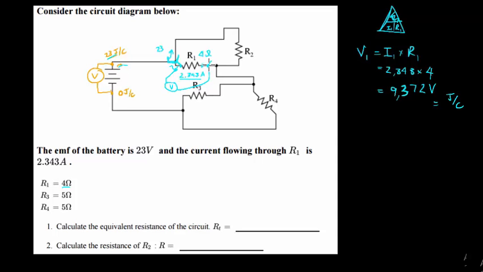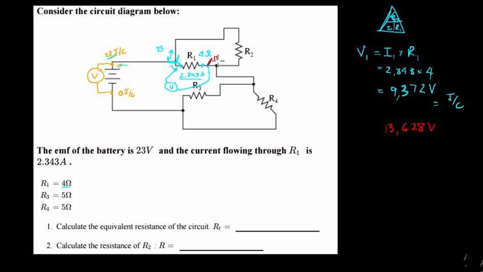In other words, when the coulomb comes here, he has 23 minus 9.372, which is 13.628 joules per coulomb. That's how much energy they have when they come here.